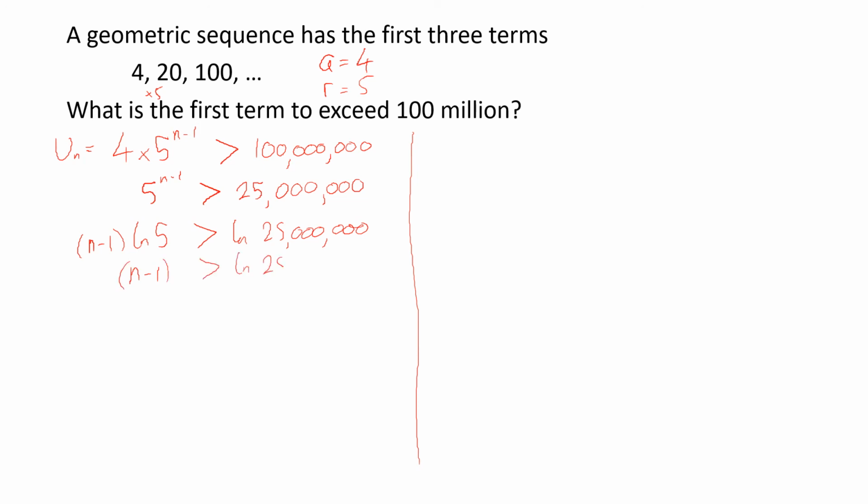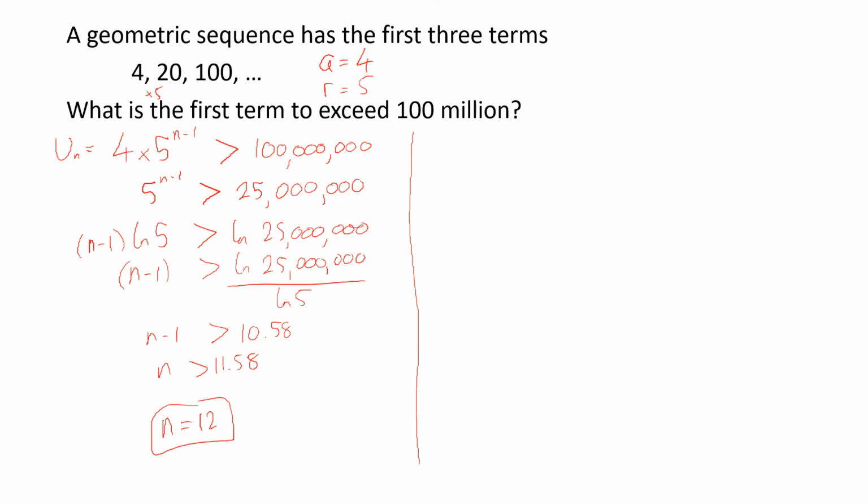And we're not dividing by any negatives, so we don't have to think about the inequality sign changing, which is good. And we'll get that this should be bigger than 10.58 for n-1. You can then add the 1, and we can say n is greater than 11.58. And n does have to be a whole number because it's measuring somewhere within the sequence. That would tell us that n is at the very least 12.